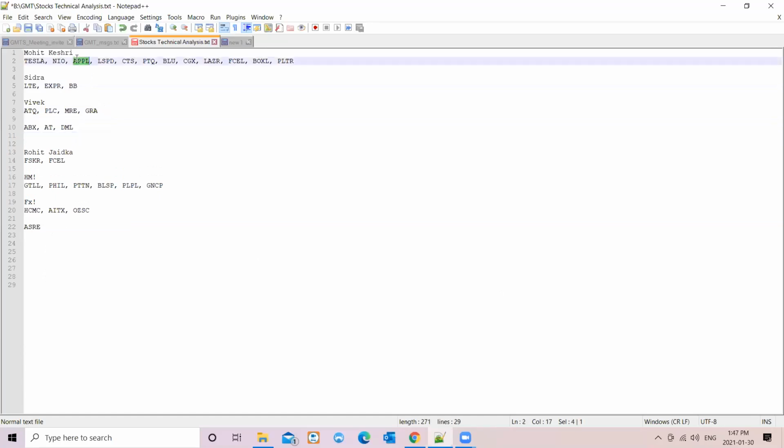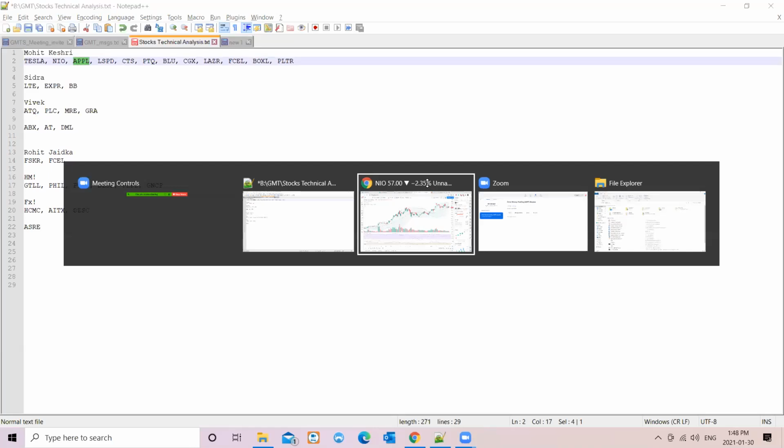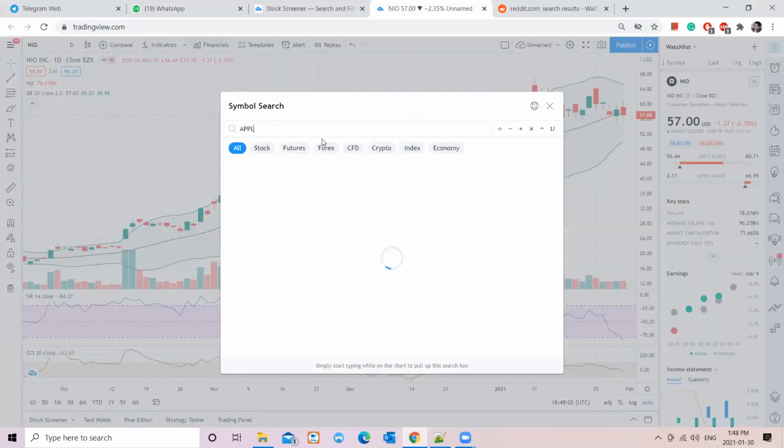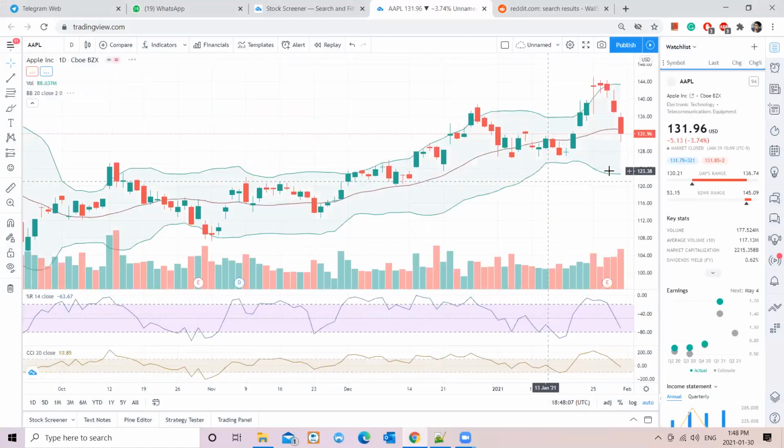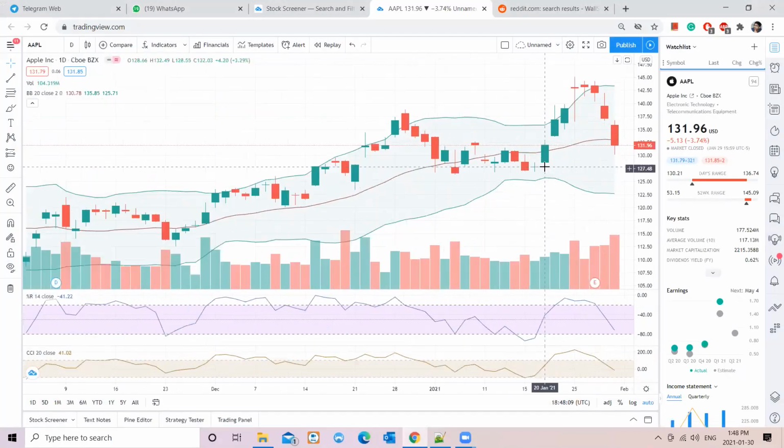So moving on to Apple. Yeah, I think we had discussed Apple around this time, and we had suggested that it's a good price to enter. Then it reached its 52-week peak, and now you can see how fast there has been a sell-off.